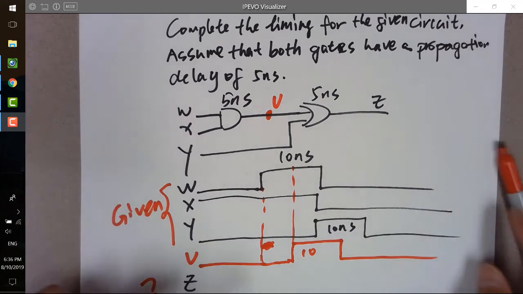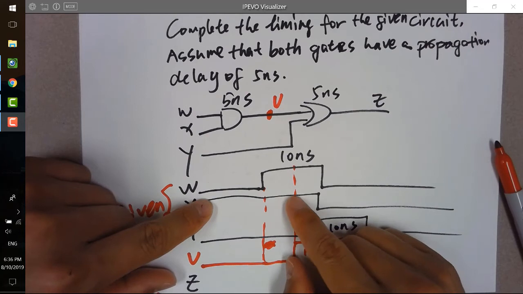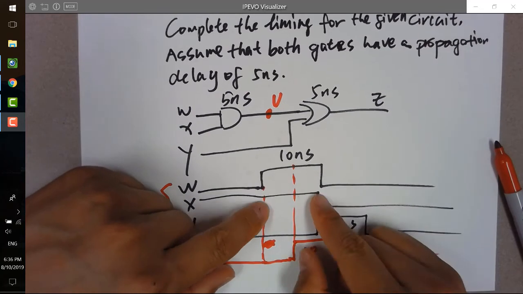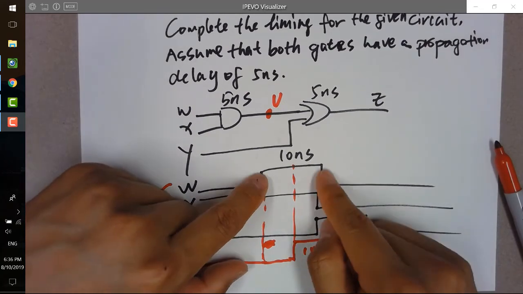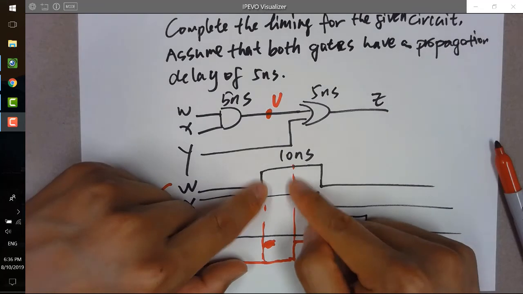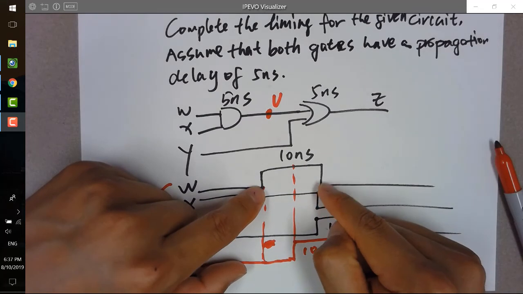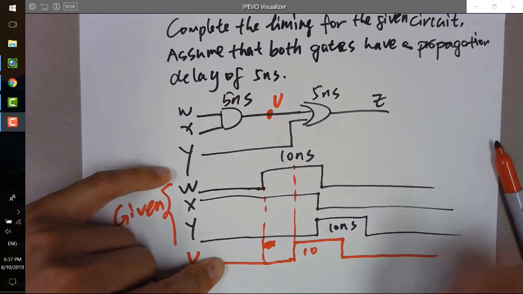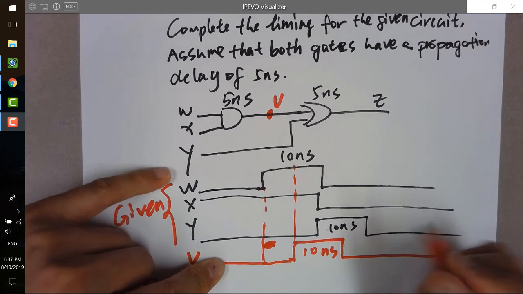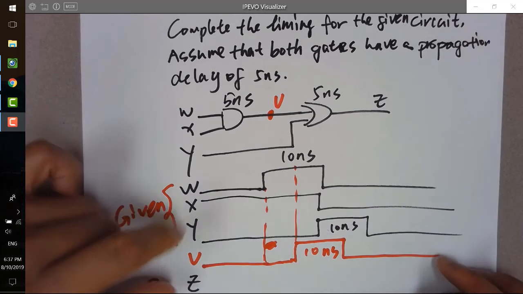Wait, so how long is the end here? Yeah, 10 nanoseconds, right? Because they have an overlap area of 10 nanoseconds with both ones. So we are going to get a 1 logic for 10 nanoseconds here, and then become 0 for the future.